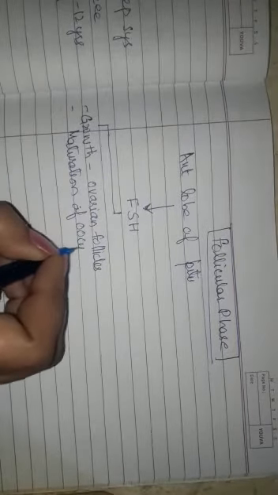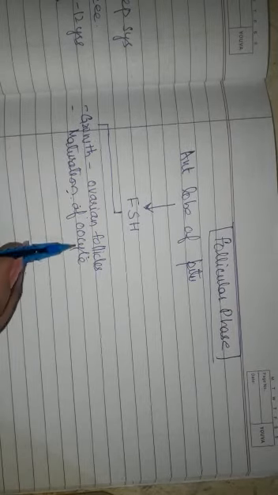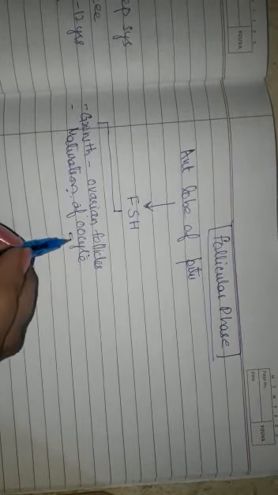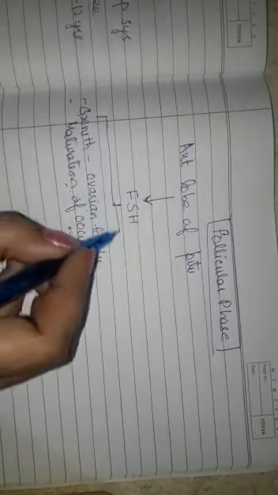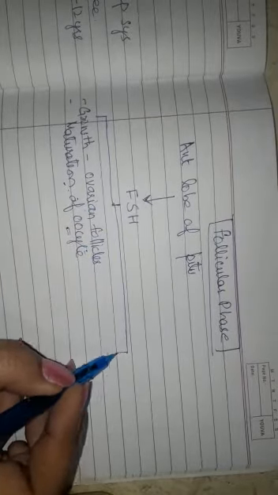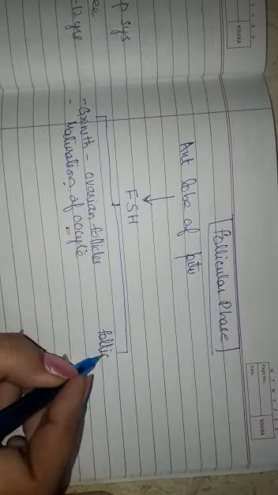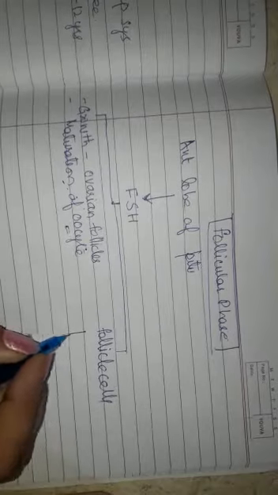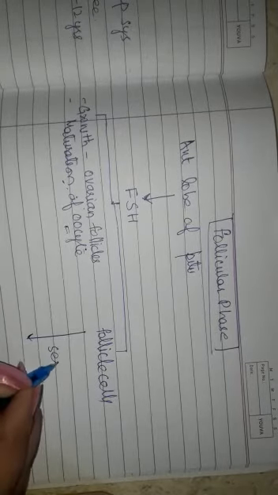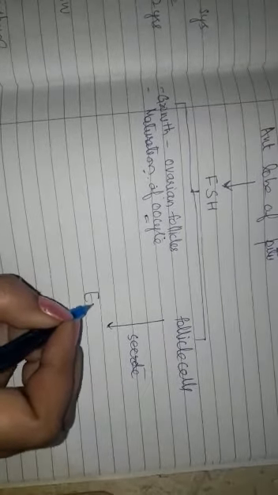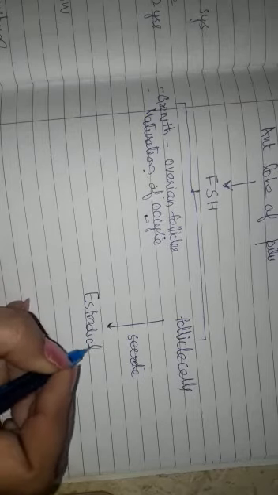oocyte in the follicle. It controls and stimulates the growth of the whole Graafian follicle, and it stimulates the maturation of the oocyte in the Graafian follicle, that is the future egg cell. This follicle stimulating hormone also acts upon the follicle cells and stimulates them to secrete a hormone, that is estradiol or estrogen.